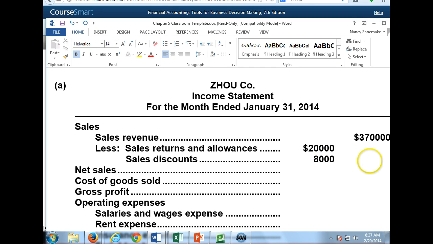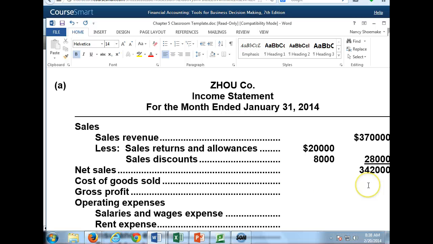And so after 28,000 here, what is our net sales? How much? Close, 342.